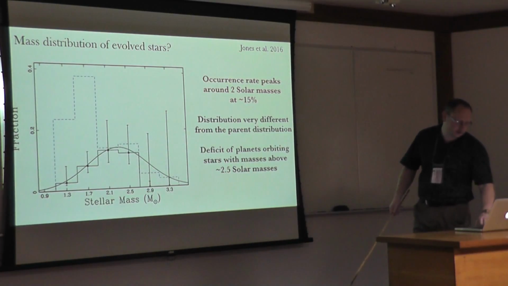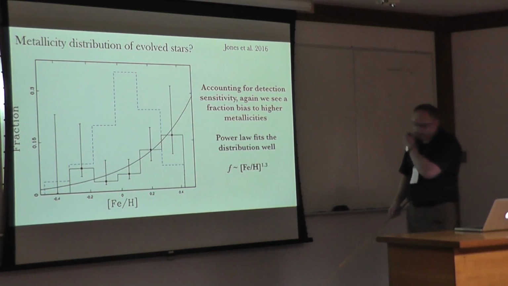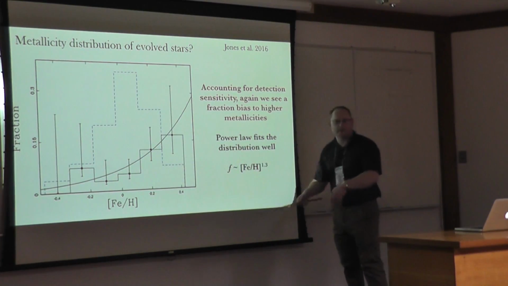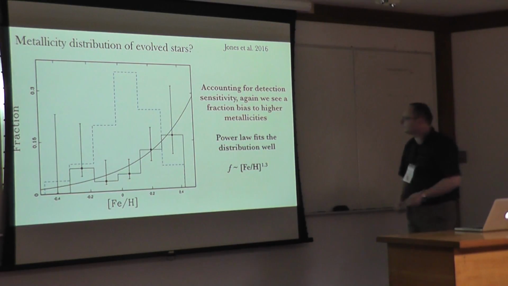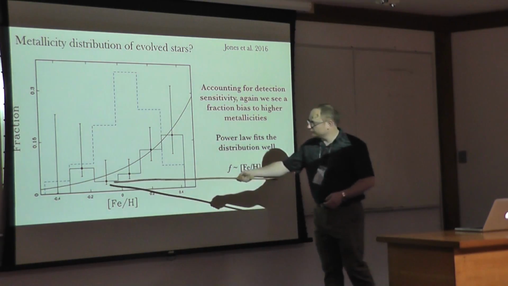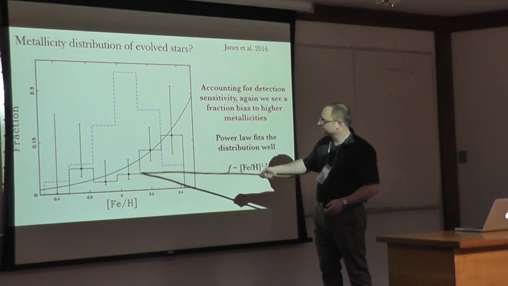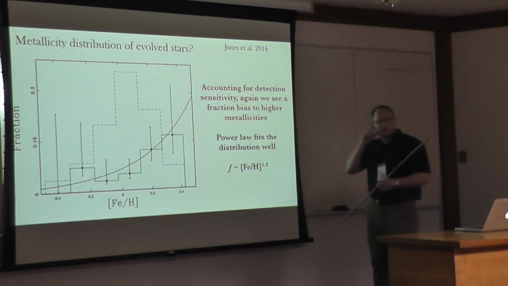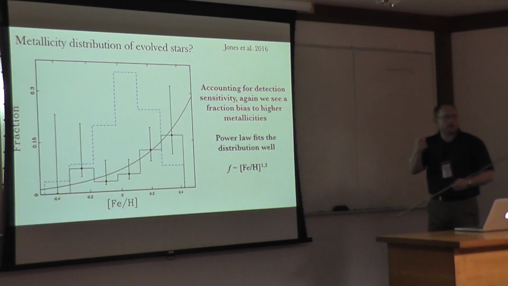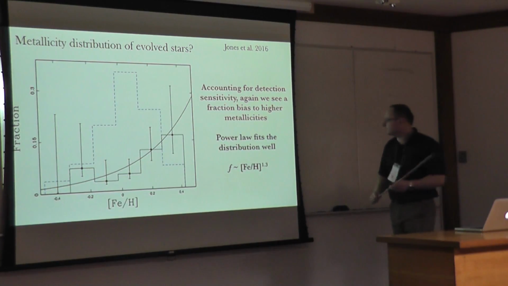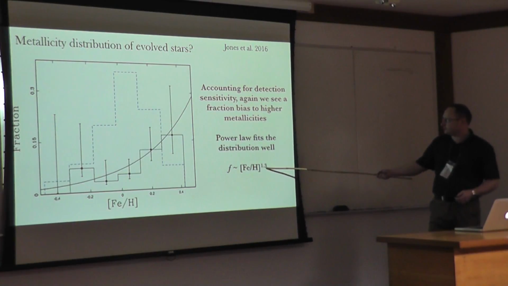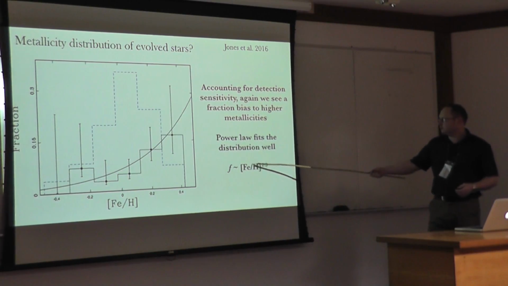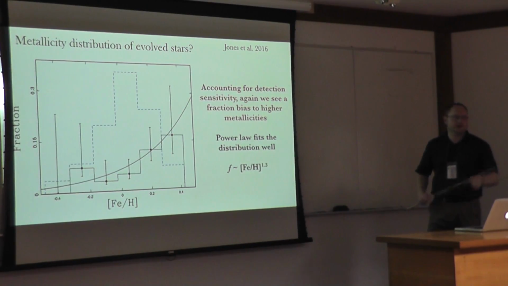The fraction's essentially 0. And if we look at it in metallicity to compare with the FGK sample, the dwarfs, we also find this rising power law. So when we deal with those statistical biases that we discussed earlier, we tend to find that the fraction with metallicity goes as something like the abundance to the 1.3.